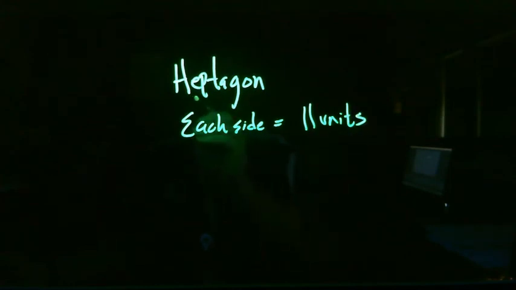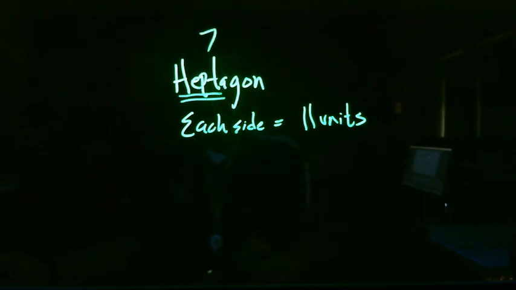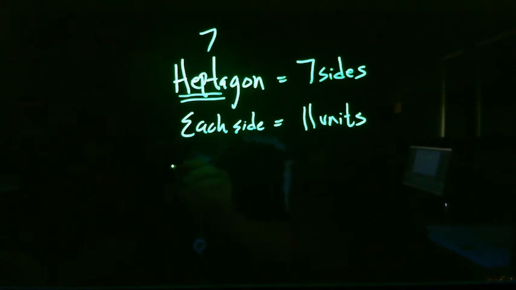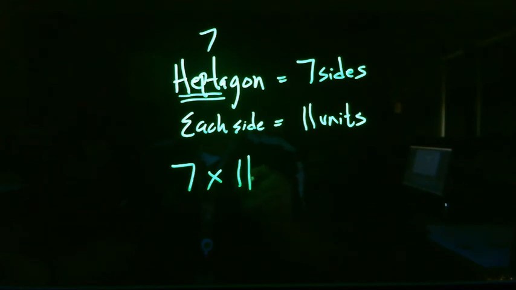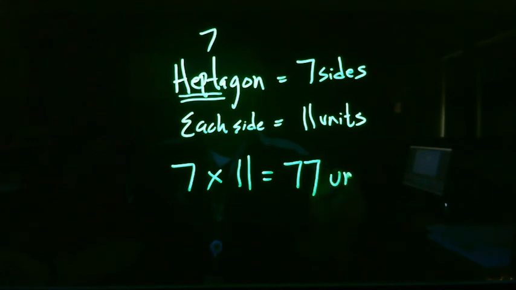Well, if you know your Greek and Latin words, you know that hepta means 7. So we are looking at a 7-sided object. So we take the 7 sides, multiply it by, each side has a measurement of 11 units, and that's going to give us a perimeter of 77 units.